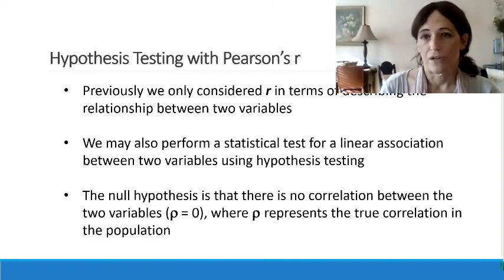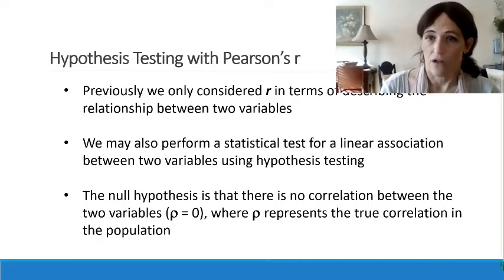One note is that we can do formal hypothesis testing with Pearson's R. We previously had discussed it mostly as a descriptive statistic to talk about the relationship between two variables. And often when we're doing exploratory analysis, we wouldn't bother to do a formal hypothesis test, but we certainly can.